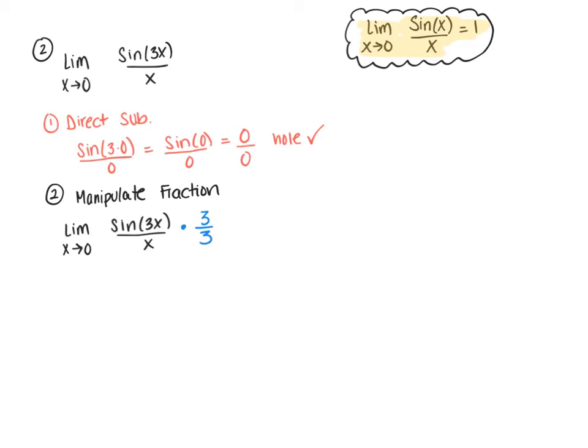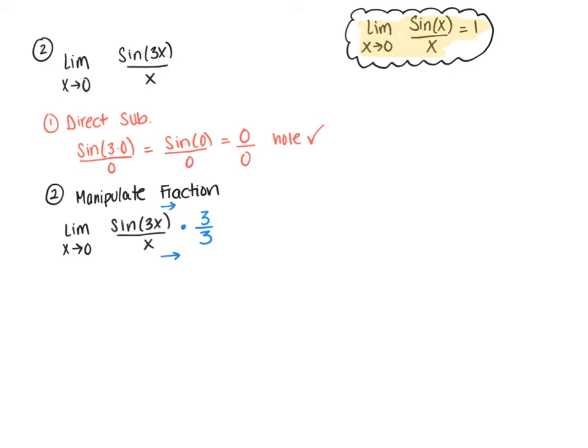So the limit hasn't changed, right? We're just multiplying this fraction by 1. So now we're going to do a little bit of simplification. We can multiply fractions by multiplying tops with tops and bottoms with bottoms.